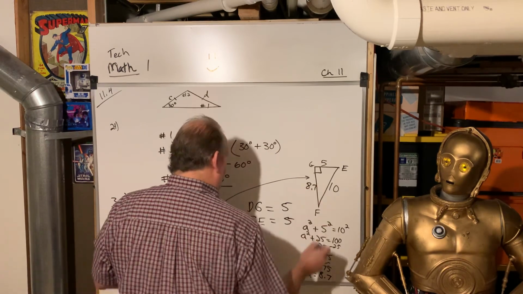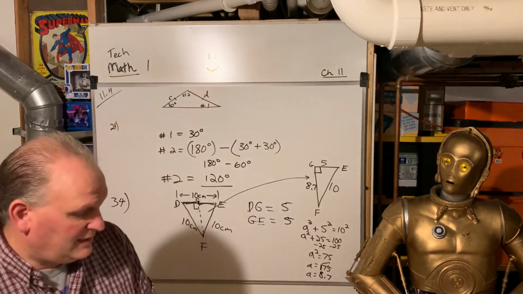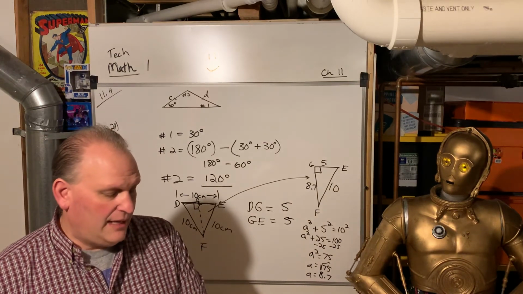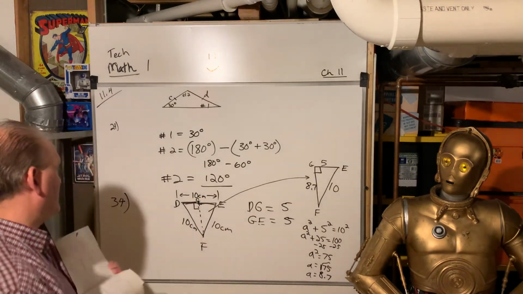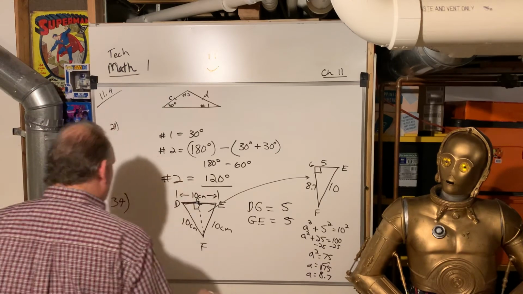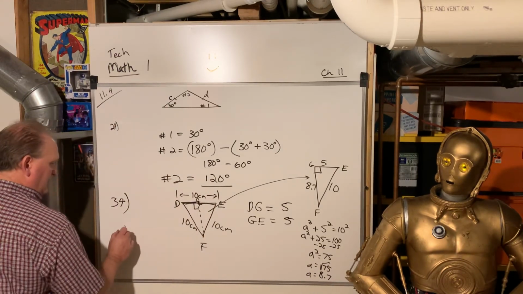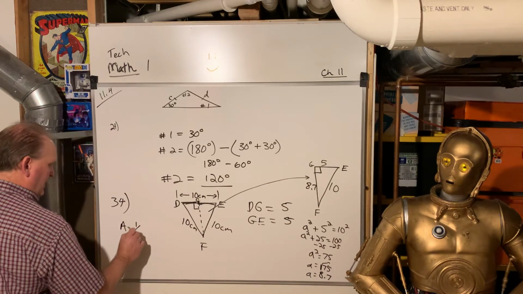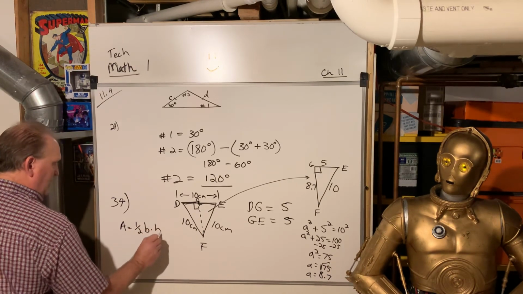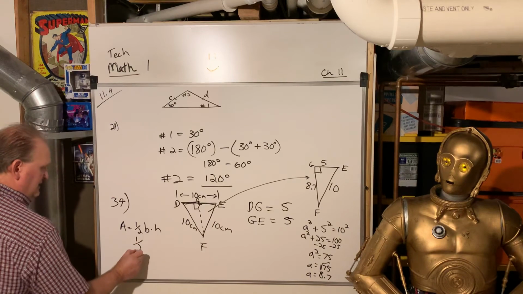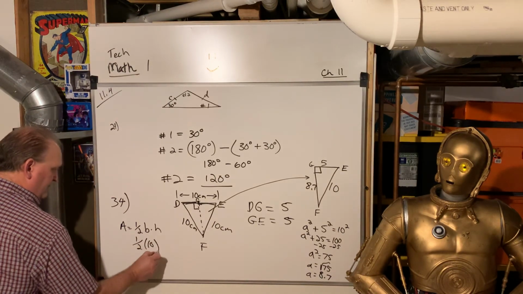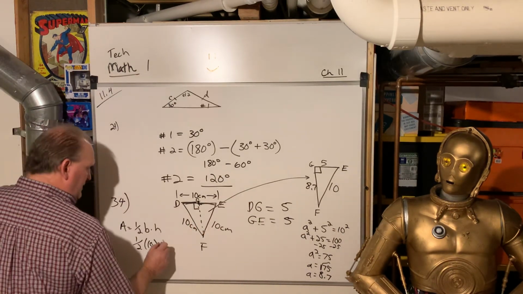8.7. All right. And then they want the area. Oh, the area. So we haven't done area of a triangle in a while. Area of a triangle is 1/2 base times height. So if we go back here, area is equal to 1/2 the base times the height. Well, they gave us the base is 10. The height we just figured out is 8.7.